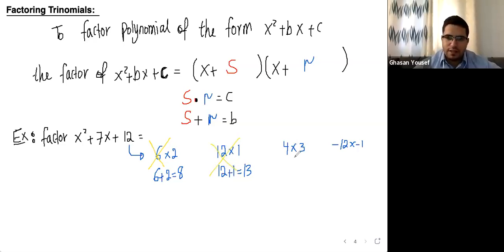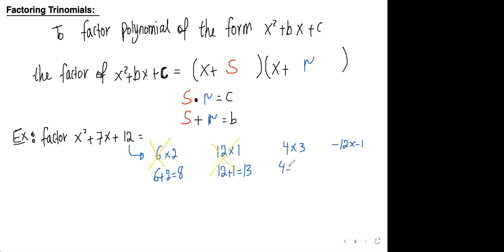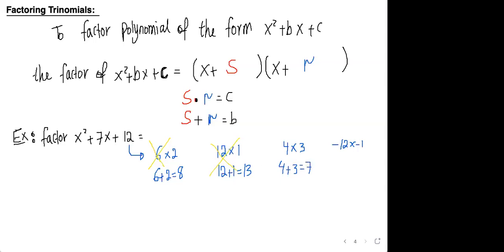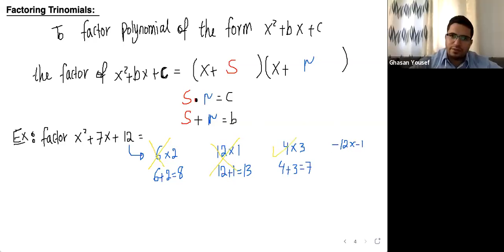Now 4 times 3. What is the summation of 4 plus 3? 7. Is it the same as b? Yes, this is correct, so this is my factor. Negative 12 plus negative 1 gives me negative 13, which also will not work because b is 7.